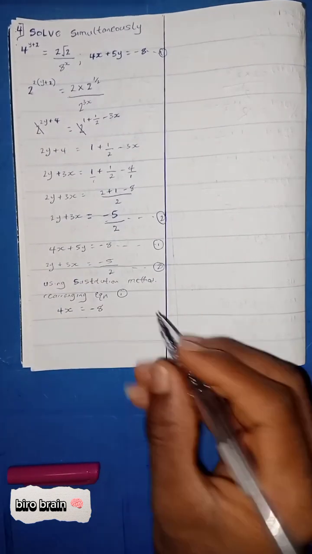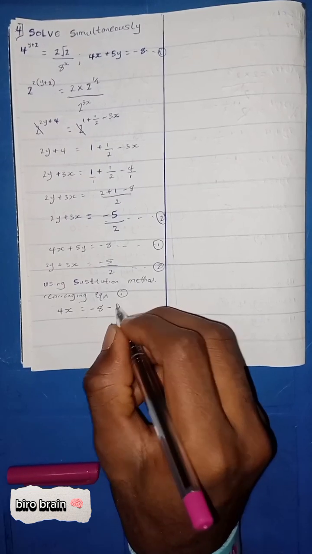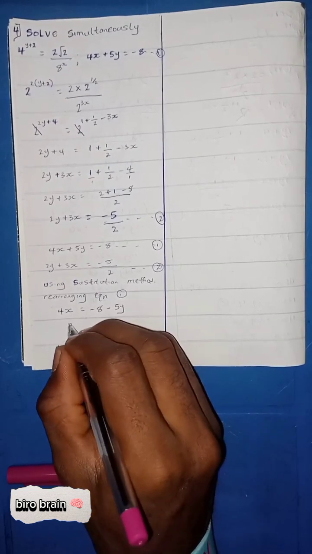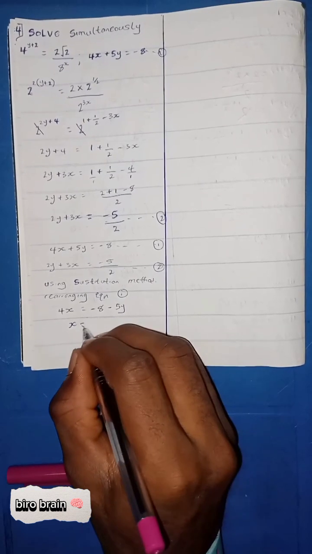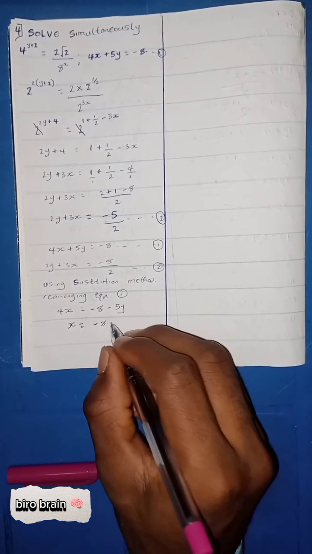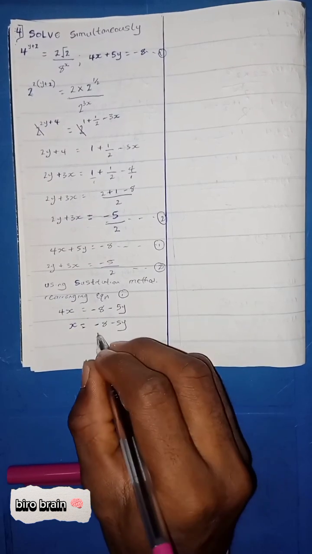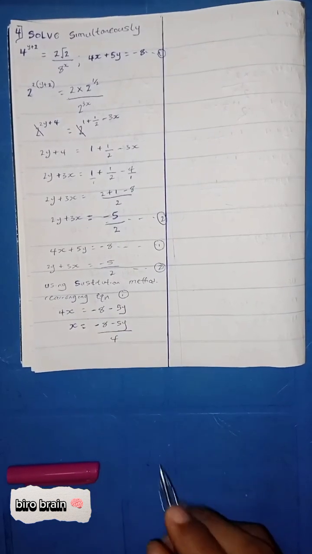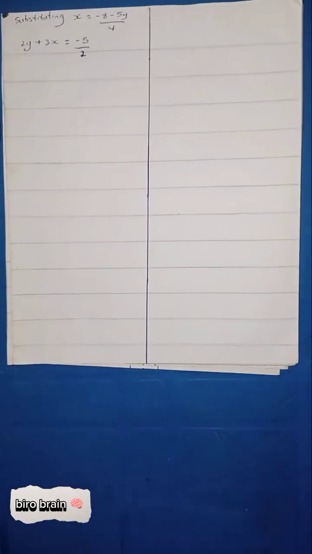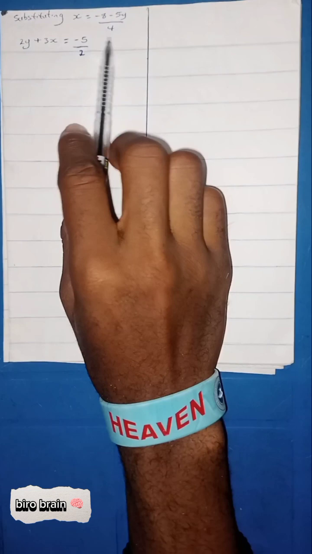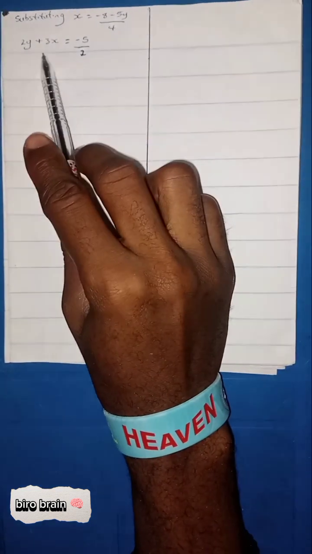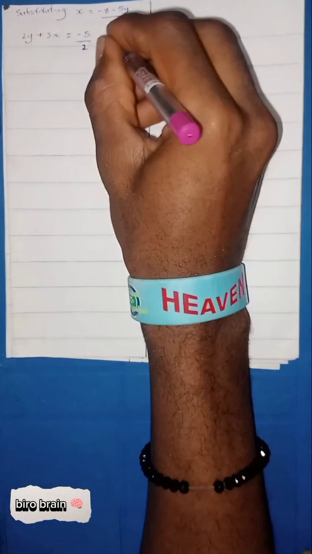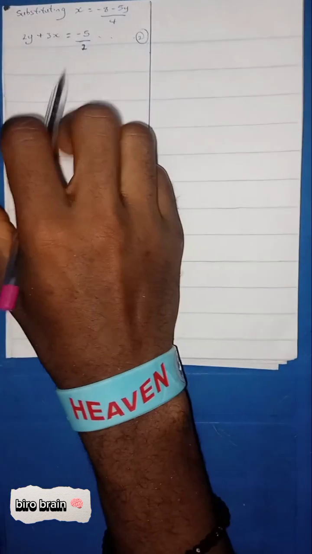This plus 5y goes to the other side, it becomes minus 5y. Then x is now equal to minus 8 minus 5y over 4. All right, x equals minus 8 minus 5y over 4, in this equation 2. This is the equation 2.